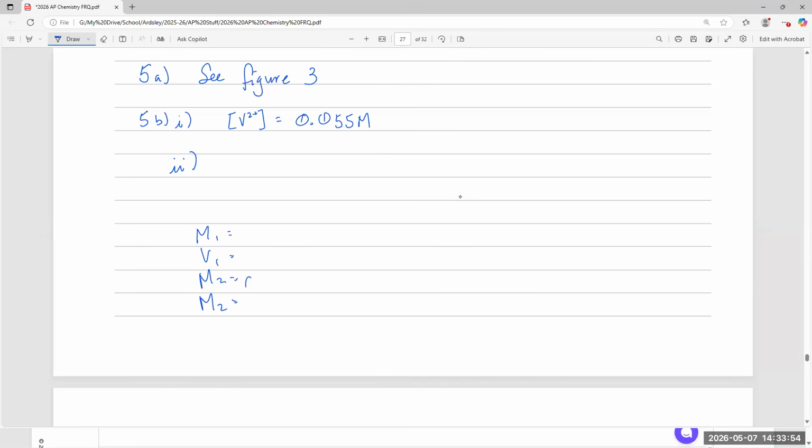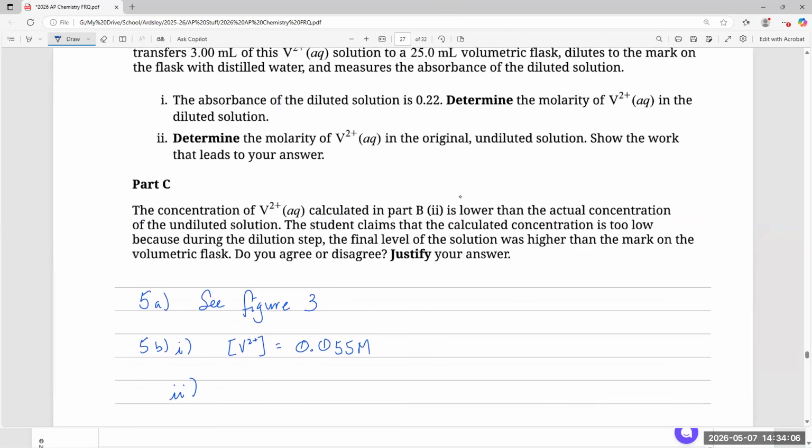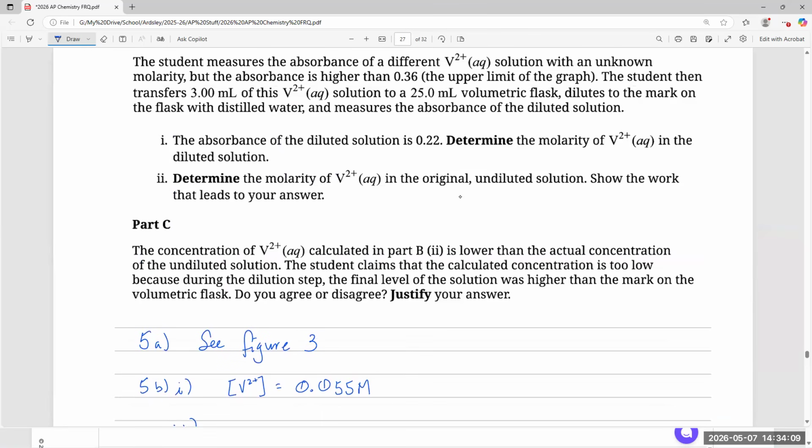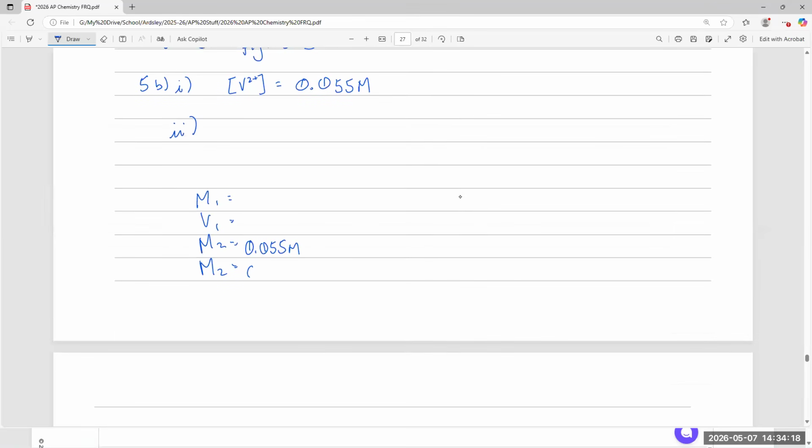Our new concentration is 0.055 molar, and that was the fully diluted solution. So the volume is 25.0 milliliters.